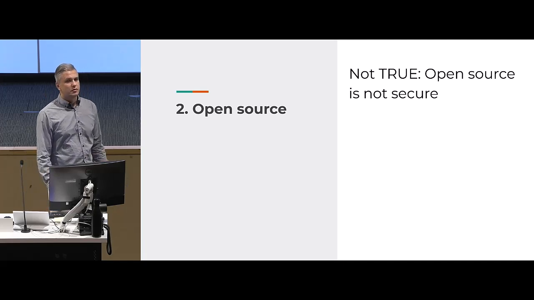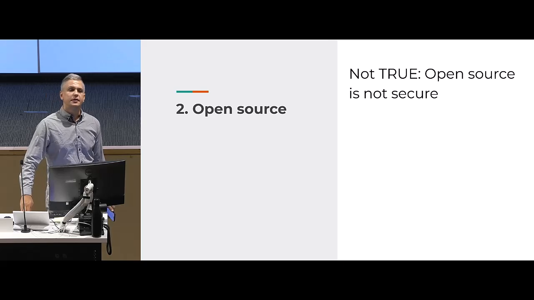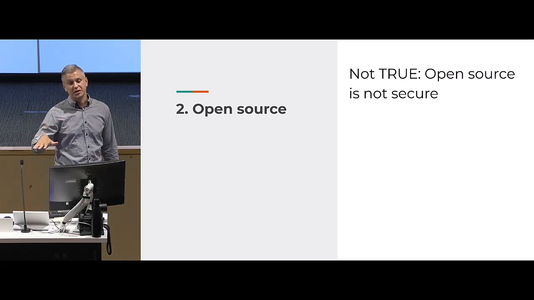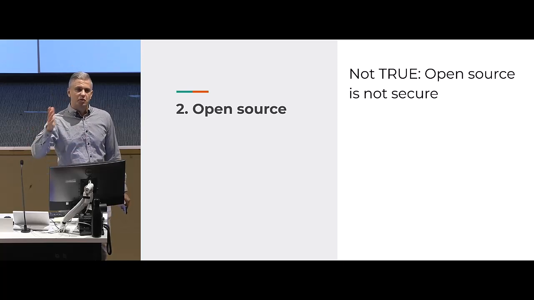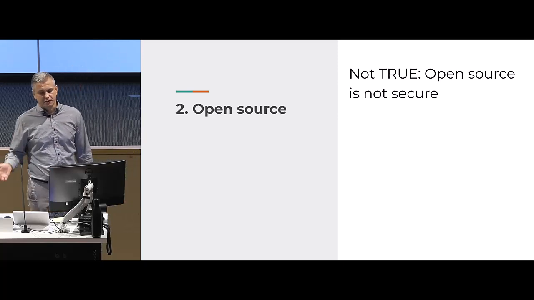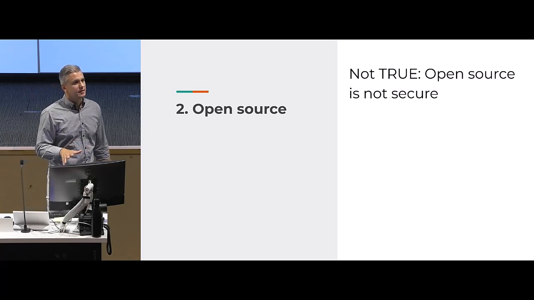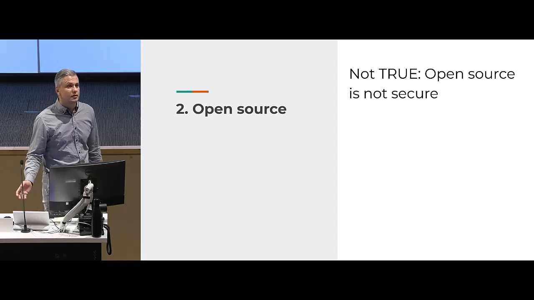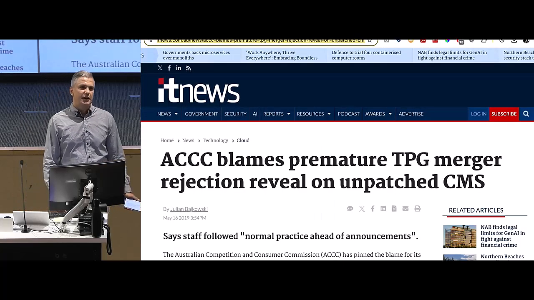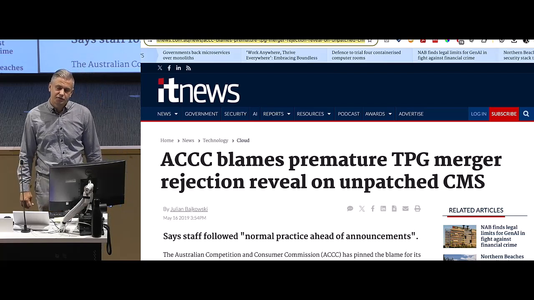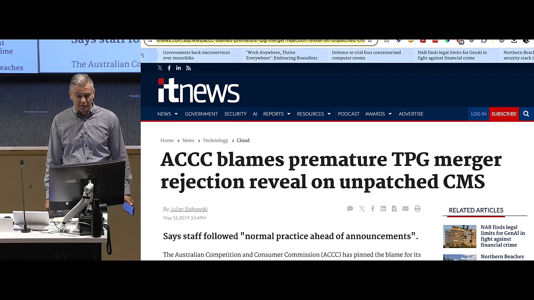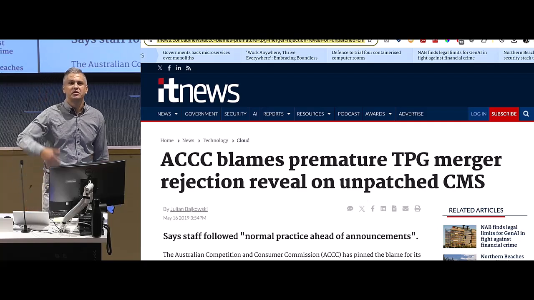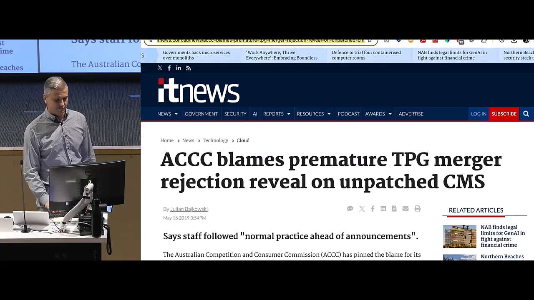Also, open source quite regularly in the industry and in college is the subject of smear campaigns. I'm not going to go into details. It varies from case to case, but here are a few things that you would usually hear, or students come back to me saying: but open source is not secure, right? Well, maybe it's because of articles like that, where a large federal government organization blames open source CMS, saying that they didn't patch it, they actually reveal some information beforehand.